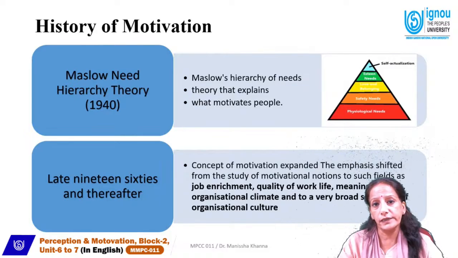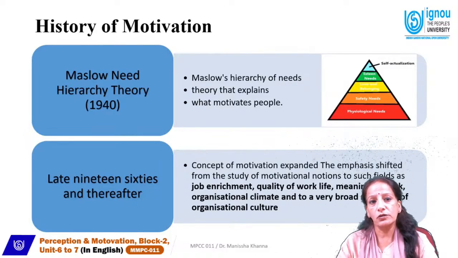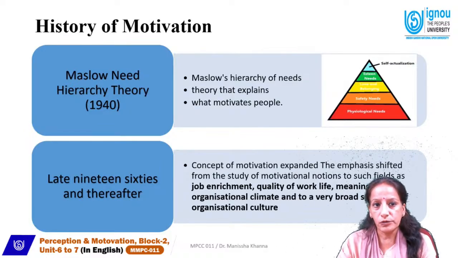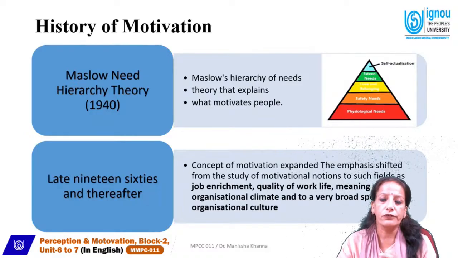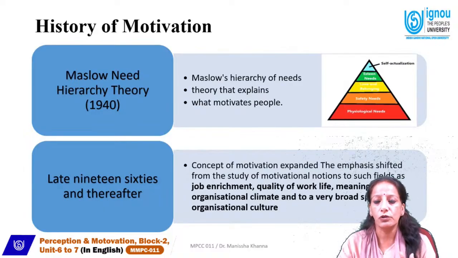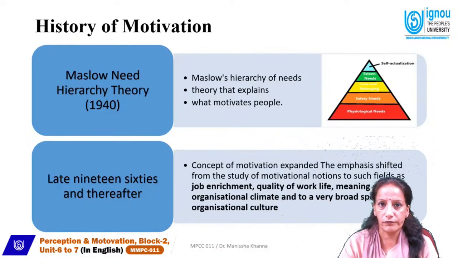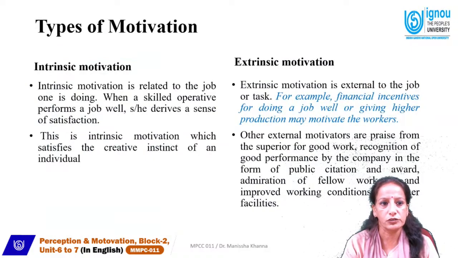Then in the late 1960s, the focus was on job enrichment, how the concept of motivation moved from all these basic needs to the needs which emphasize more at the workplace: the quality of work life, the organizational culture, climate, the meaning of work, job designing, job redesigning, allocation of work profiles, and from a broader view, the emphasis was more on organizational culture.